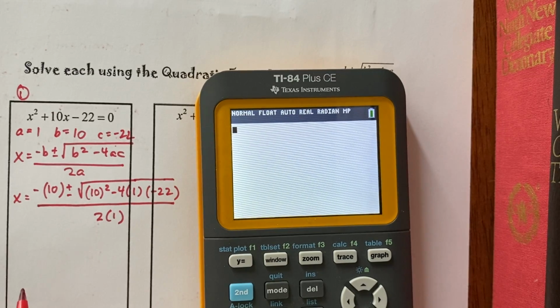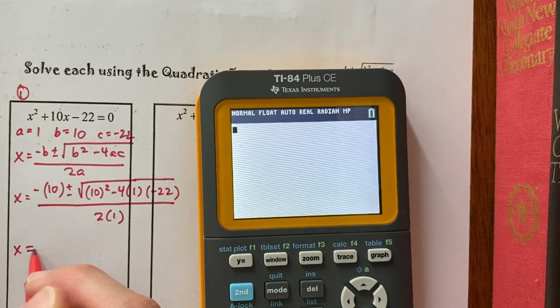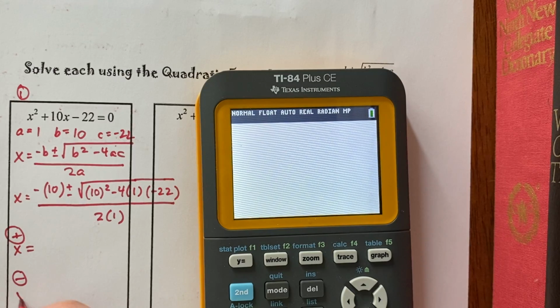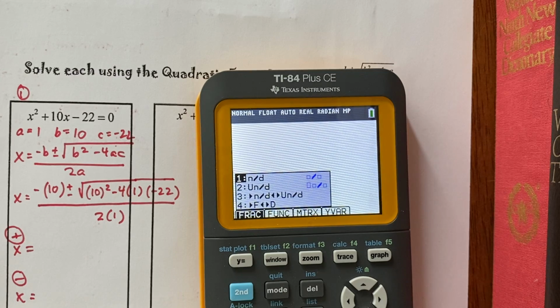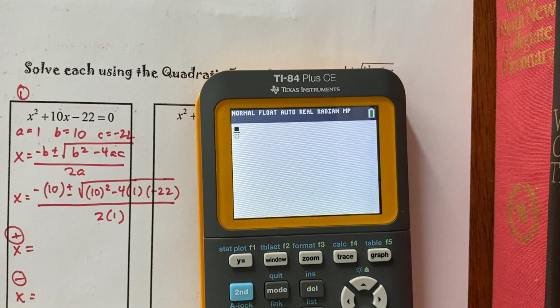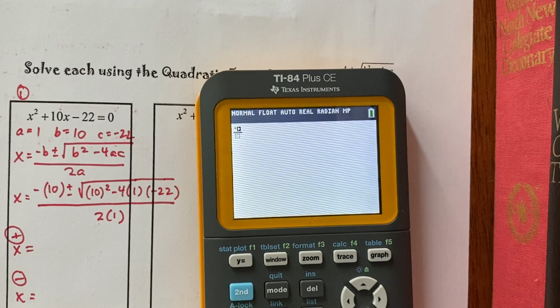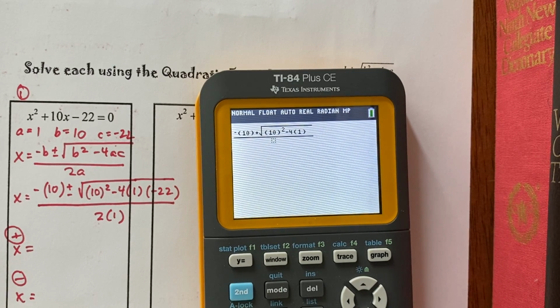And remember, we're going to have to do a plus version and a minus version. So we'll do plus first, and we'll change it in our calculator to minus. So alpha y equals, hit 1 or enter. Negative, in parentheses, 10 plus square root, so second x squared, of, again in parentheses, 10 squared minus 4 times 1 in parentheses, times negative 22 in parentheses, over 2 times 1.